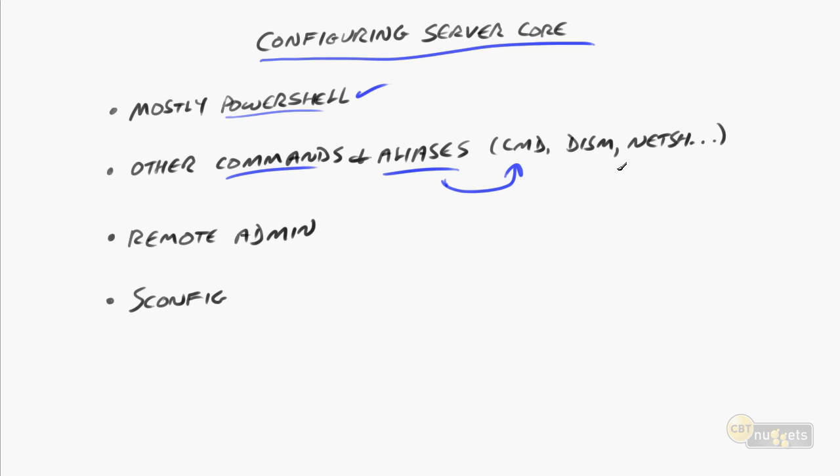Also, there's other commands, and this is just a couple of examples. For example, the DISM, the Deployment Image Servicing and Management item that you can use. I'll give you some examples of that in the PowerShell cheat sheet as well. Even though it's not a PowerShell commandlet, you can still use that from within a PowerShell command prompt window. Then, of course, the other thing you could do would be to use simple remote administration.